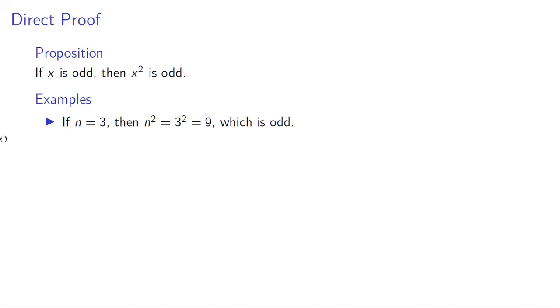But that's not enough, because the proposition is a sentence of the form if P then Q. And if you remember from the videos on logic, when we have a sentence of the form if P then Q, we generally assume that it's universally quantified, meaning that the claim of this sentence is that it applies to all values of x, in this case all integers, because if we're talking about odd, then that only applies to integers.